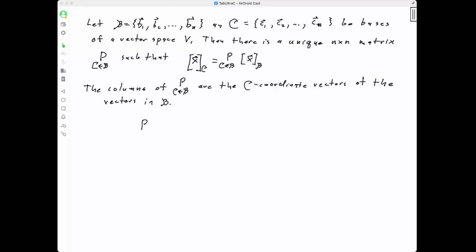Or written another way, I can say that P from B back to C is equal to the matrix whose columns are B1, the first vector in the basis B, relative to C, B2, the second vector in the basis B, relative to C, etc., up to Bn relative to C. Because every basis has the same size, we can have an n by n matrix that will map from one to the other.